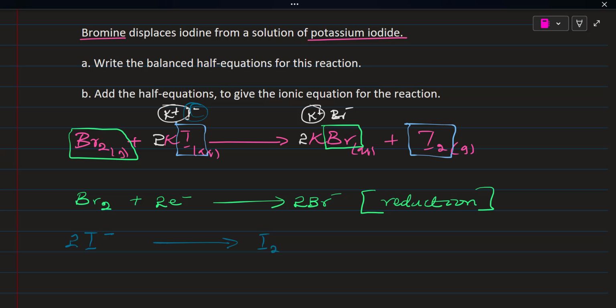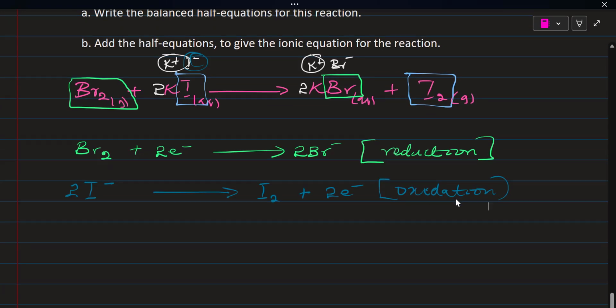We have to show the electrons lost, so that is going to be plus 2 electrons at this side. Because iodine undergoes loss of electrons, the process is oxidation. So the iodine half of the equation represents oxidation. The bromine half of the equation represents reduction.